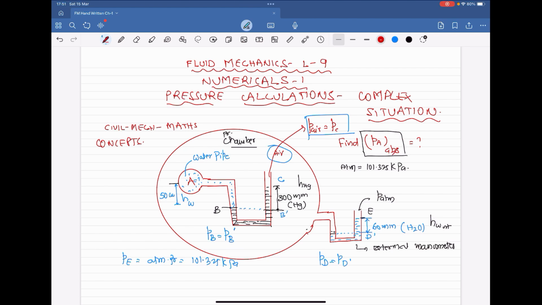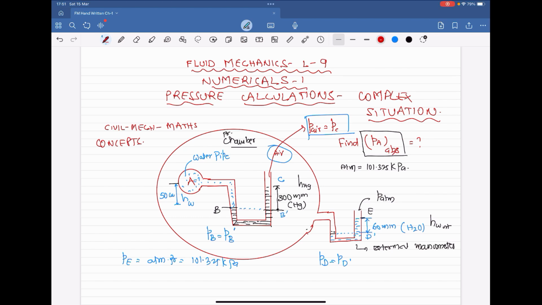And the absolute pressure outside the chamber is equal to atmospheric pressure plus atmospheric pressure on the water column plus water column height.